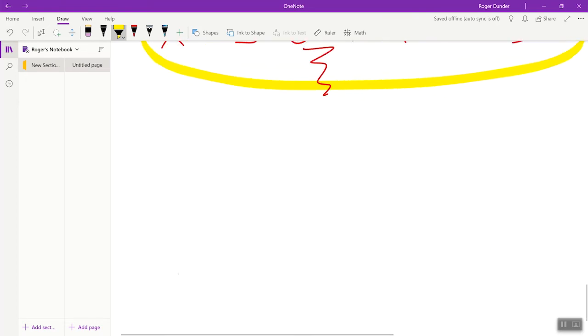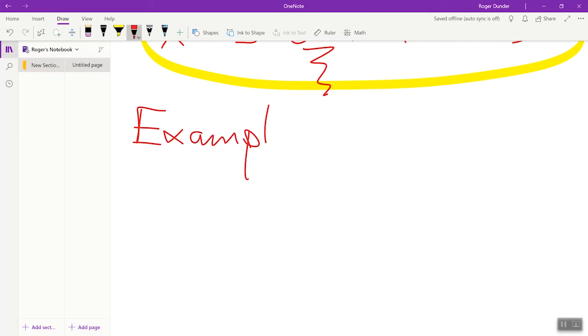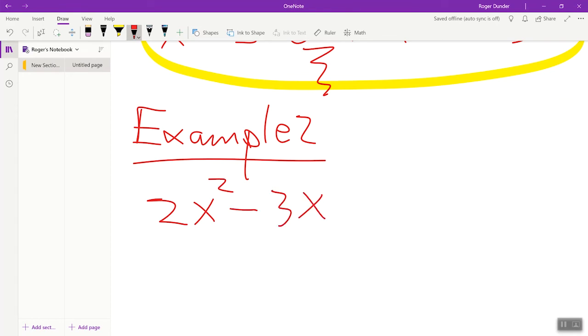Let's go on and find another example, see if we can do another one. Example number 2. You choose a problem here. How about this one here? 2x squared minus 3x minus 6 equals 0.